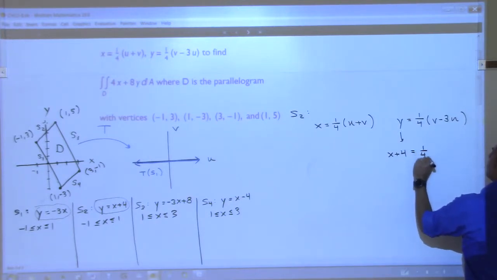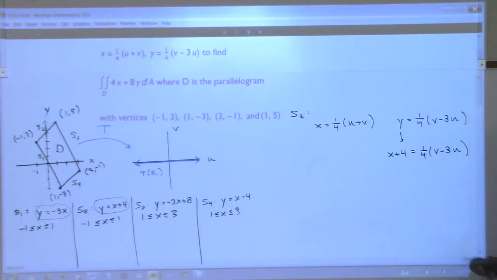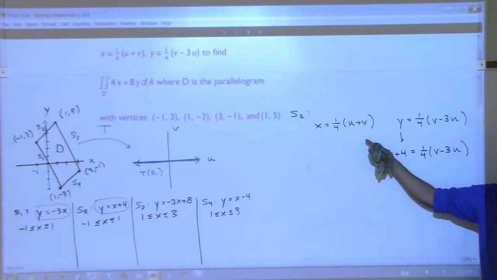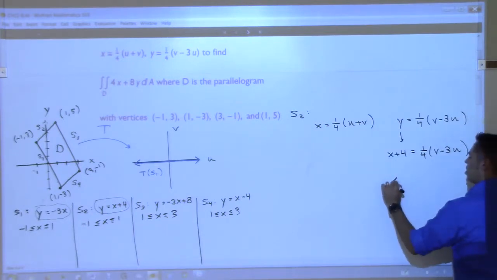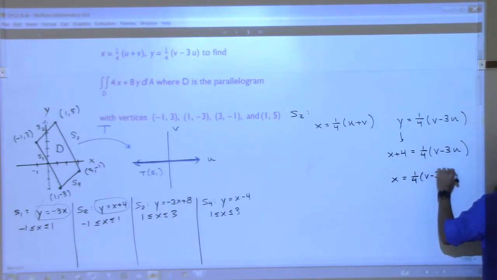And that equals 1/4 and then v minus 3u, like that. Solve this for x, and then set them equal to one another again. So if I solve this for x, all I have to do is subtract 4 on both sides. And now equate them to one another.